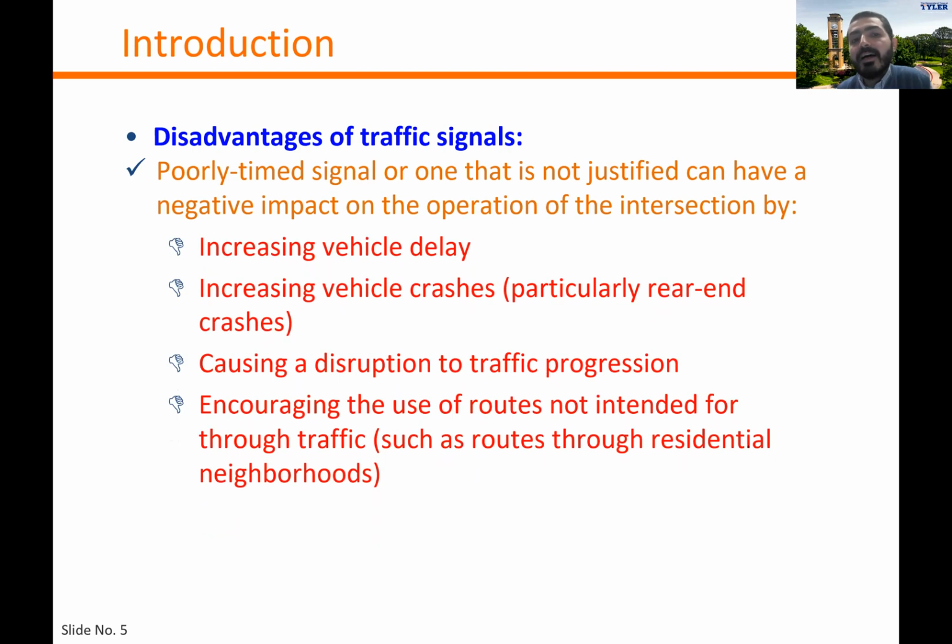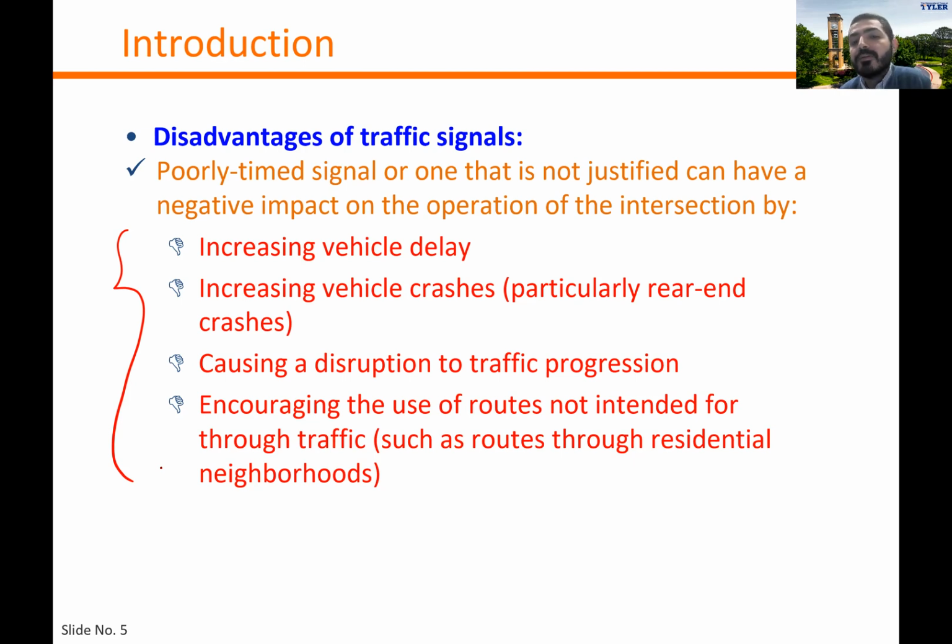Any poorly timed signal, or one that is not justified, brings unnecessary disadvantages. First of all, we can have increased vehicle delay, believe it or not, from a bad traffic signal location or timing. Although a signal can reduce some crashes, especially angle crashes, if it's not done at the right location it can increase rear end crashes.